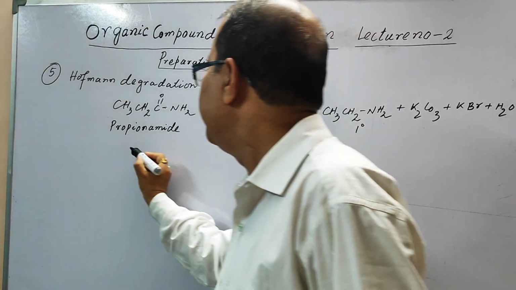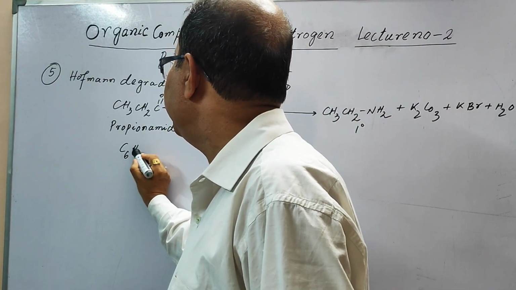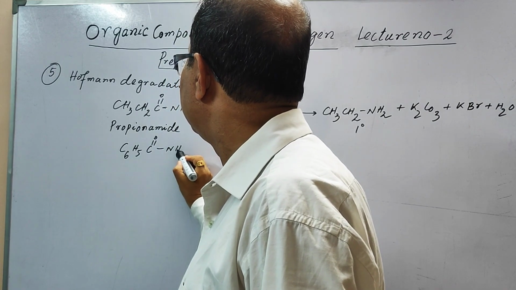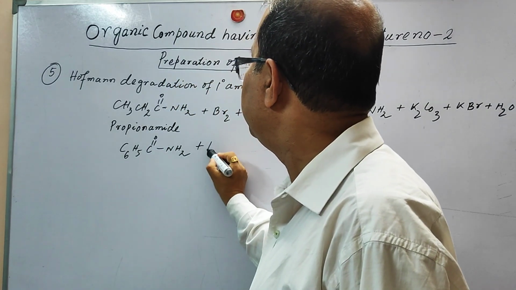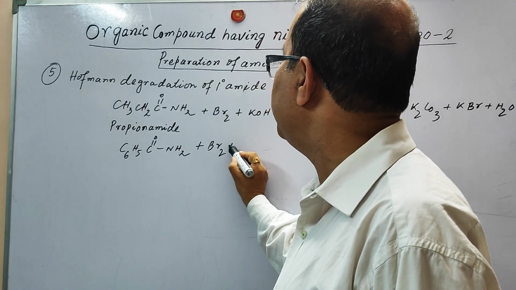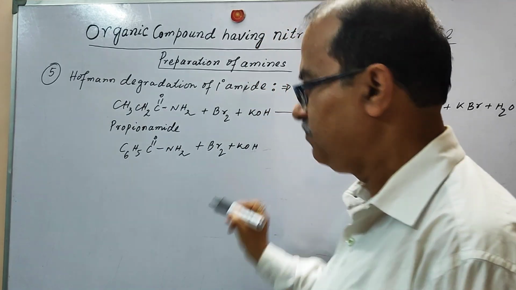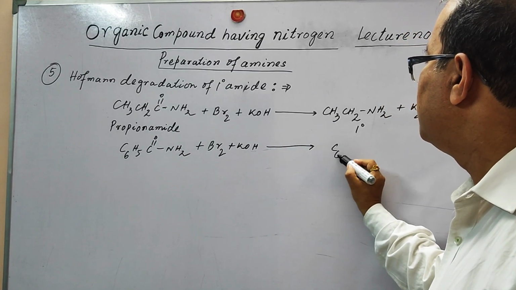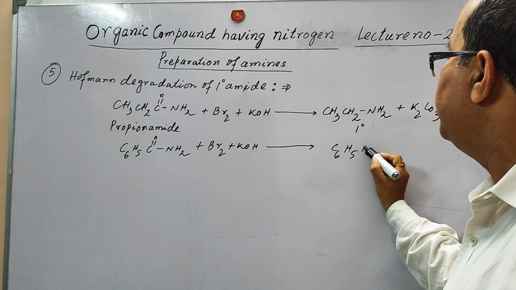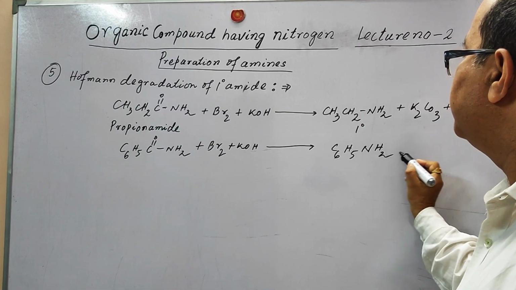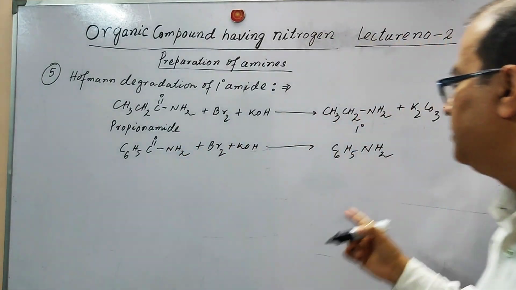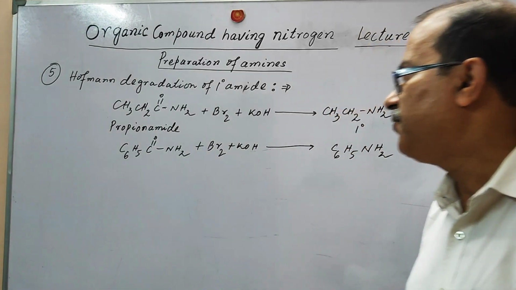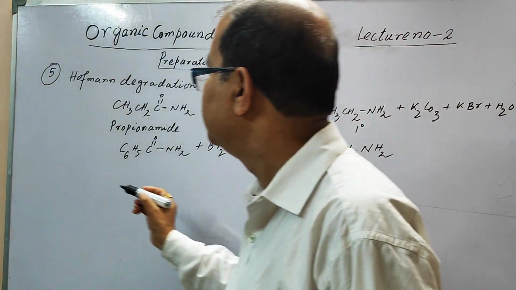In the same way, from the benzamide, with the use of this bromine and KOH, you can also have aniline. Here also you can see there is 1 carbon atom less. So this is Hofmann degradation of 1 degree amide reactions.